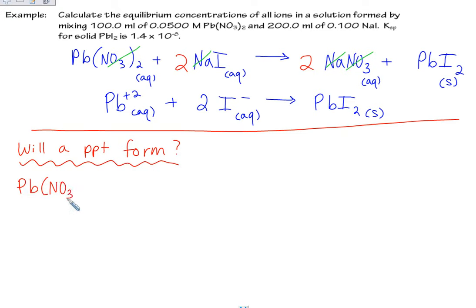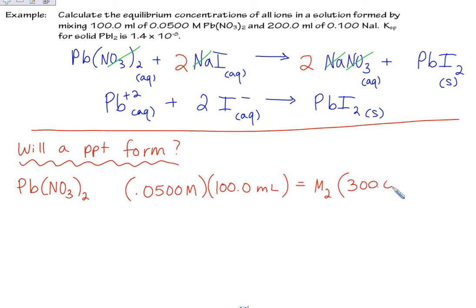Lead nitrate. The original molarity is 0.0500. The original volume is 100 milliliters. I want to know the new molarity when I join volumes. So what do I got? 200 milliliters of the other solution for a total of 300. Let's recalculate that M2.